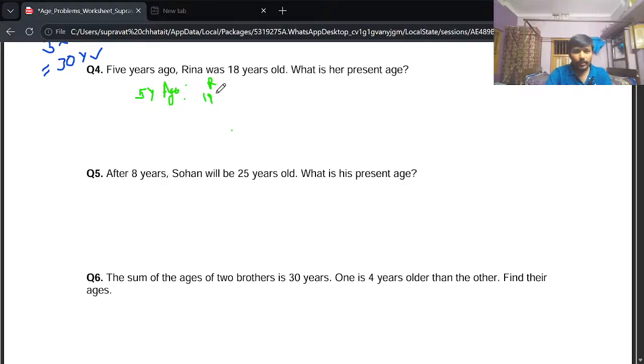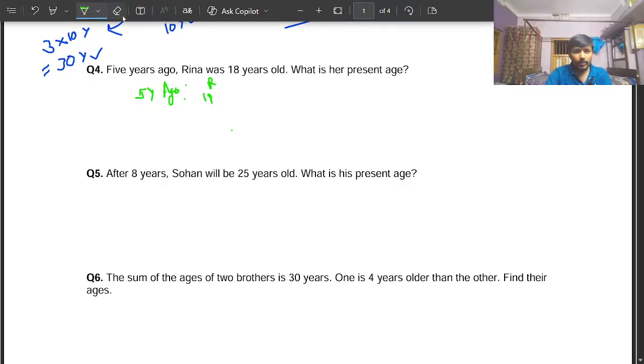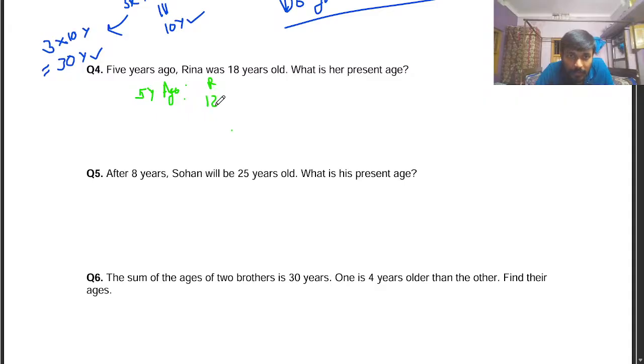Let me write. Rina's age was 18 years, 5 years ago. So what is her present age?